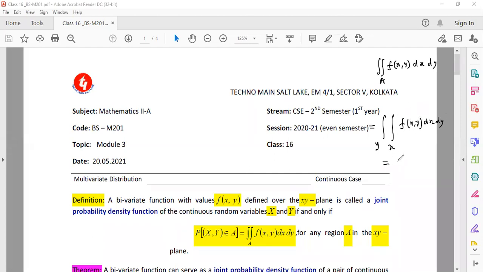Now, this sometimes can also be written as double integration over x and y. Means first of all, we are going to integrate with respect to y, and then with respect to x of the probability function fxy dx dy. Okay, so this thing that I have done is called the change of order of integration.